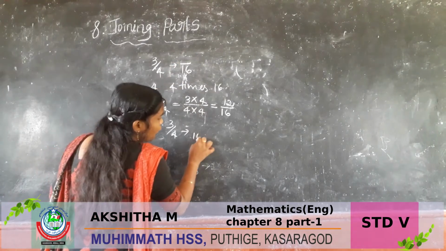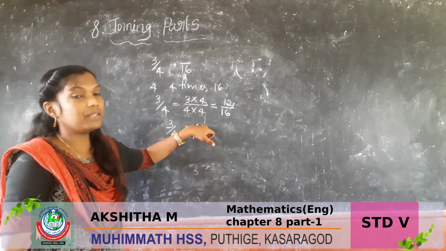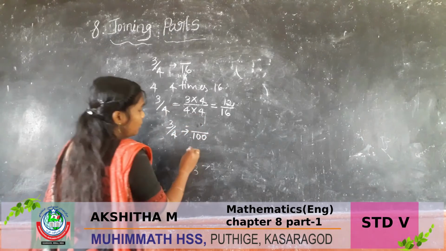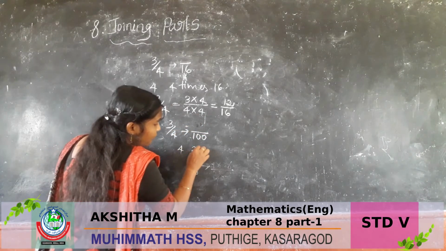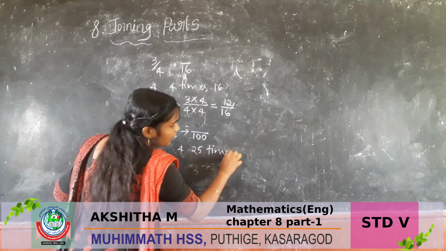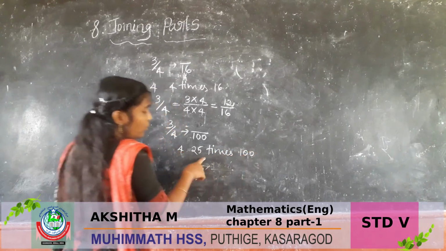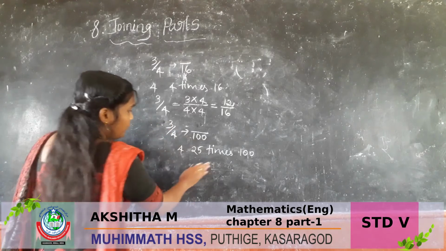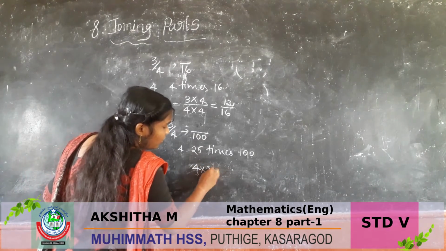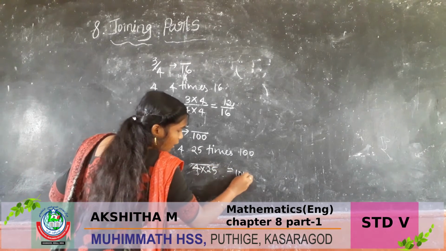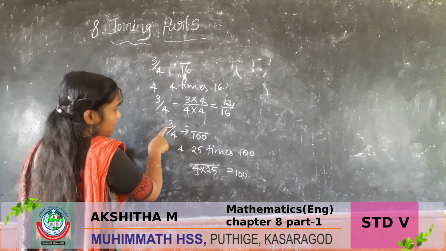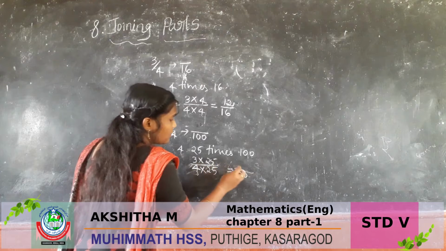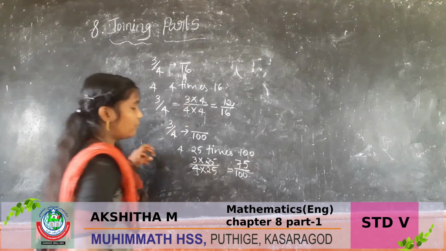If the denominator is 100, what should be the numerator here? How can we find out? 4 times 25 is 100. So here also we have to multiply by the same number. 3 into 25 is 75.